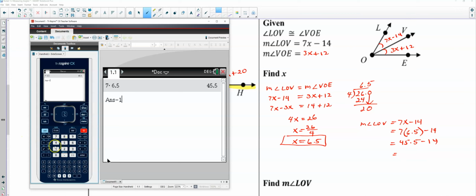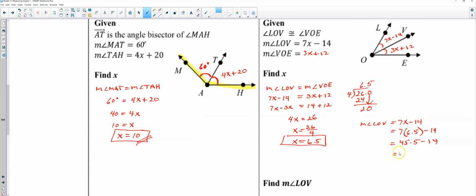Enter. So that's 31.5, or 31 and 5/10. So the measurement of angle LOB equals 31.5 degrees. And that would be the answer for that bottom part right there.